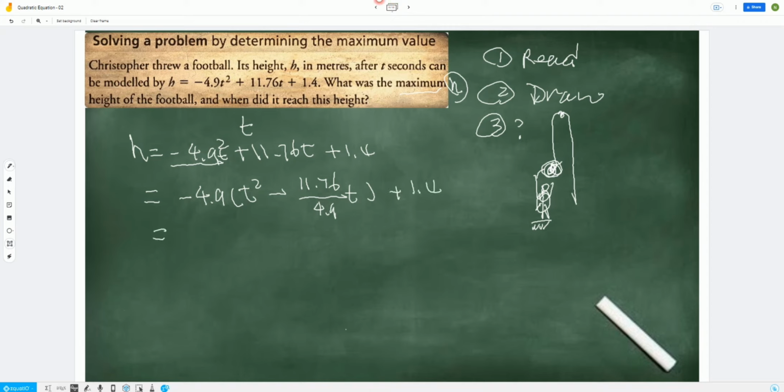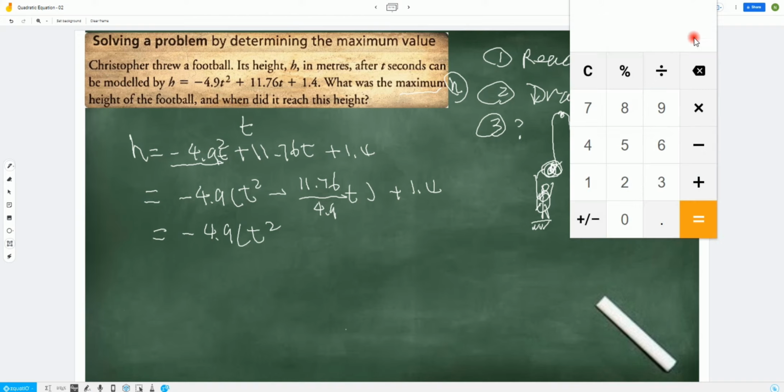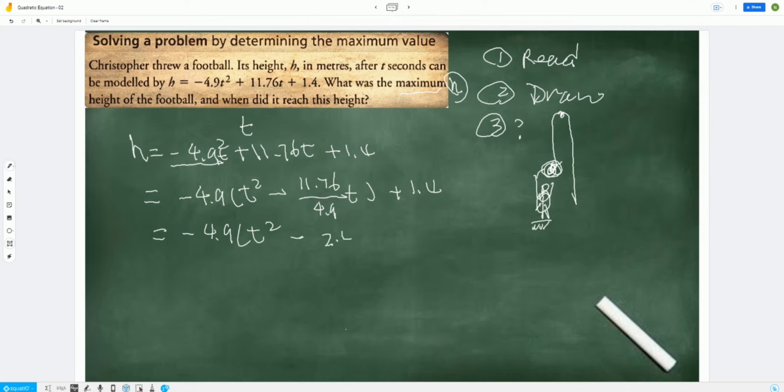Let's find out 11.76 divided by 4.9. So let's go to the calculator, 11.76 divided by 4.9 equals, and we put negative, right? Okay, so it's 2.4. So minus 2.4 t plus 1.4, right?